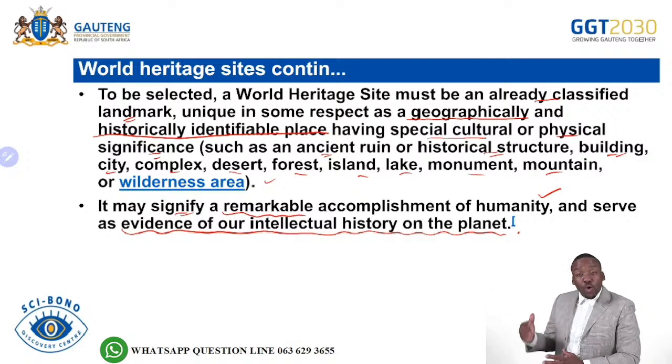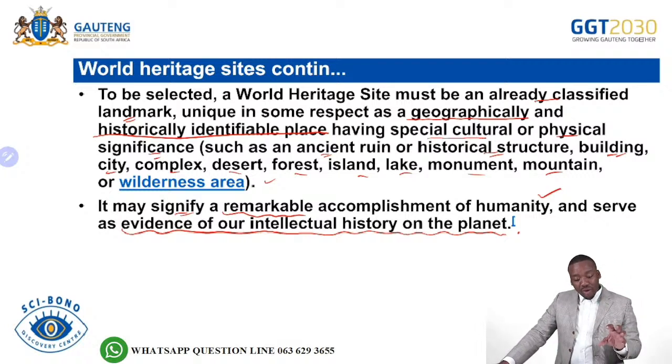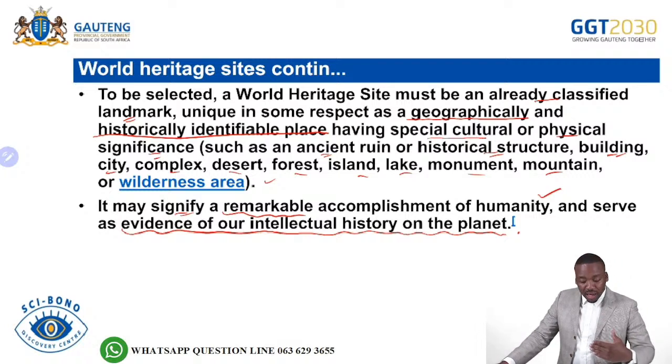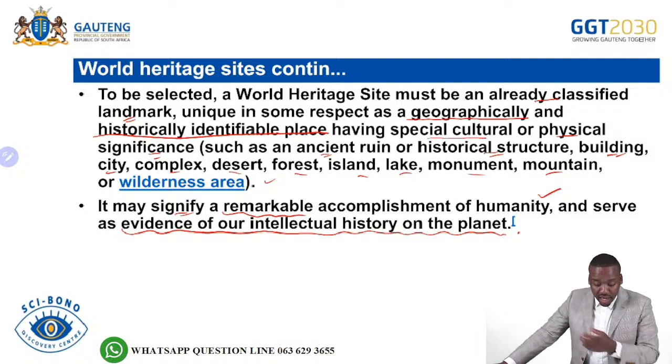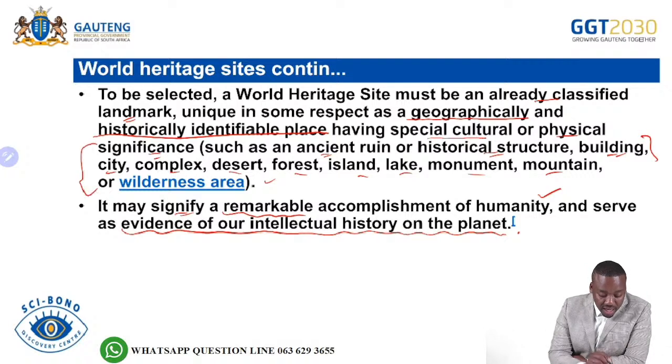Not every lake, not any monument, not every mountain, not any forest can be a World Heritage Site. It has to have something remarkable, something that stands out so that we can learn one or two things about it, and that place must be protected. So a World Heritage Site can be any of these things that I have just discussed.